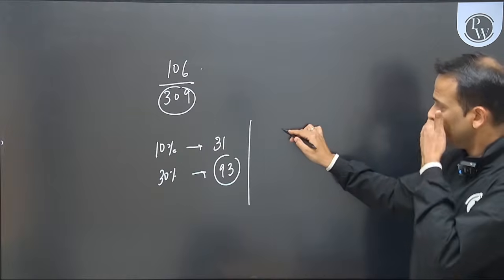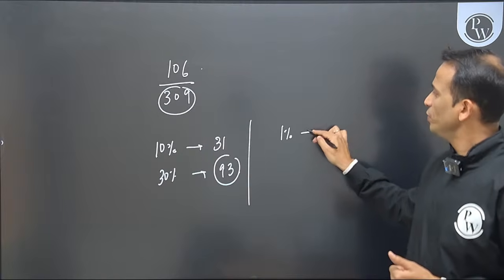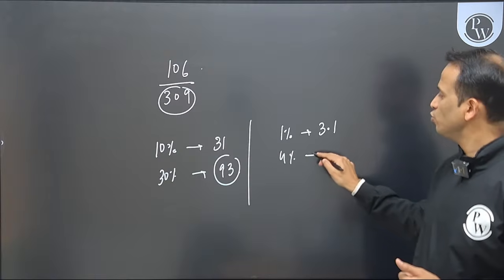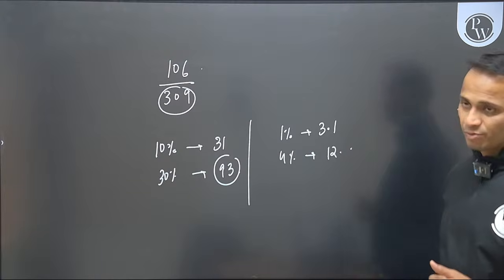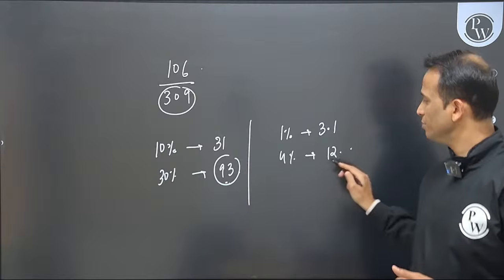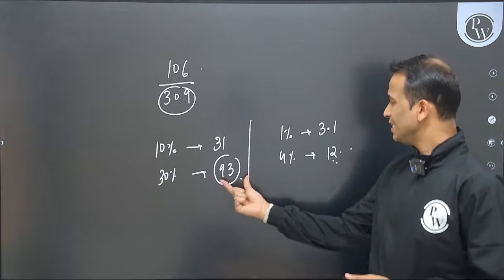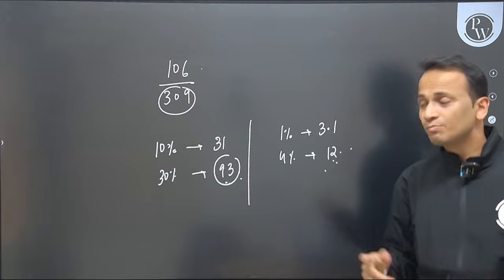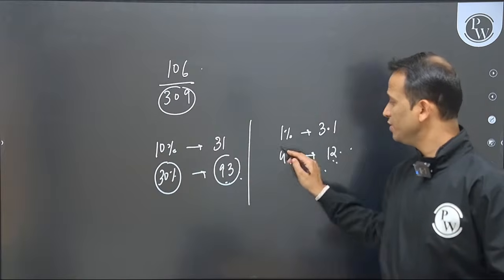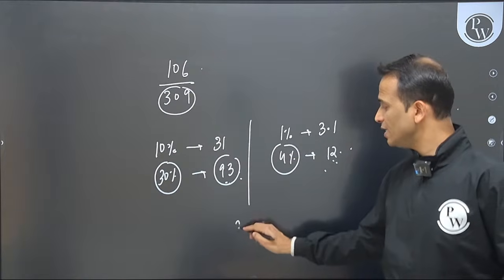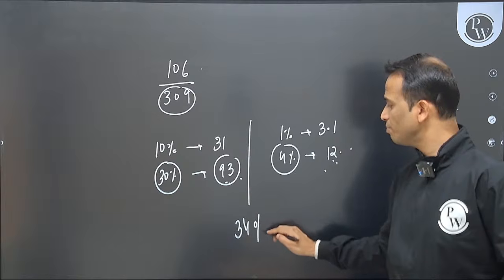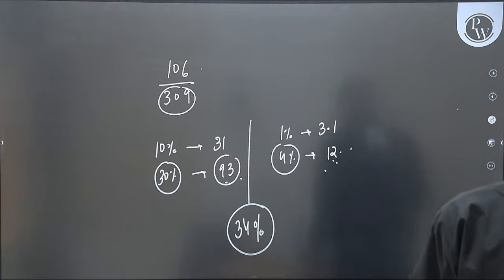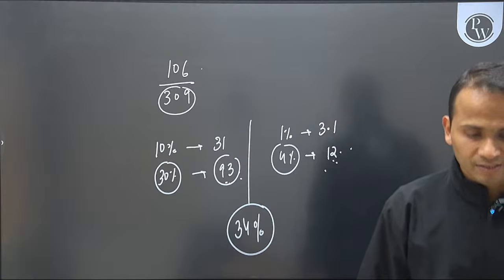So I'll go with 1 percentage, which is approximately 3.1. So 4 percentage will be approximately 12 point something. Now if I add these two numbers, 93 and 12, I'll reach 105 point something, which will be the sum of these two. So approximately the answer should be 34 percentage. All right, so 34 percentage should be the final answer.